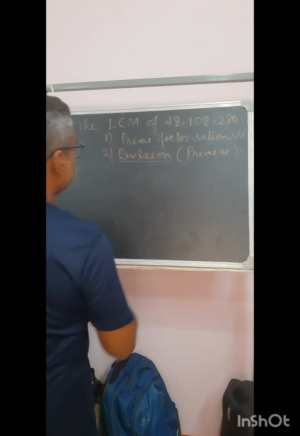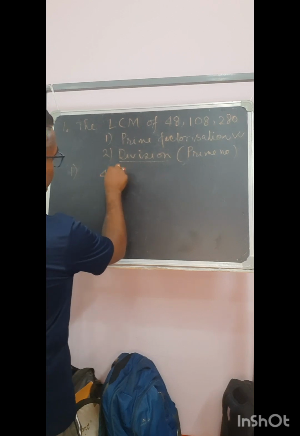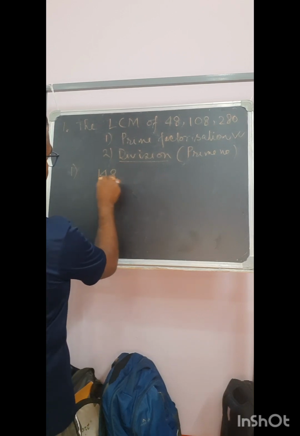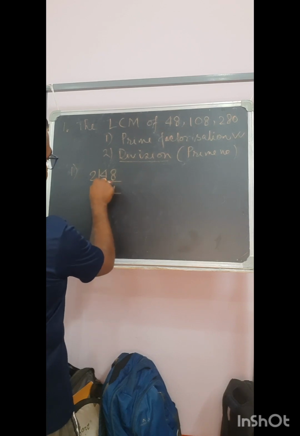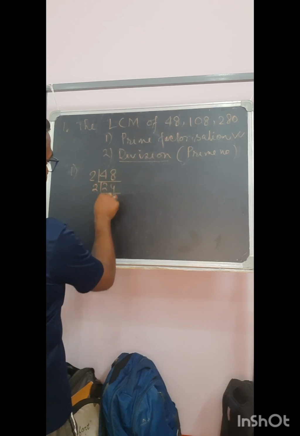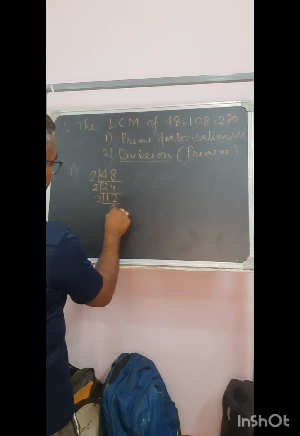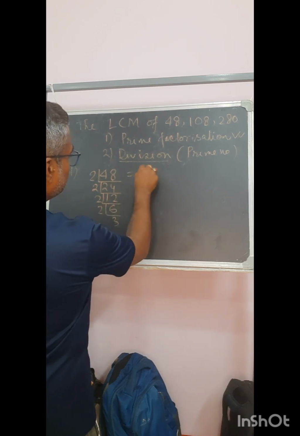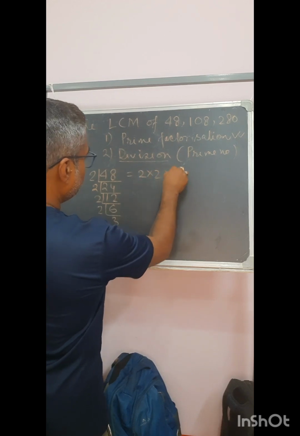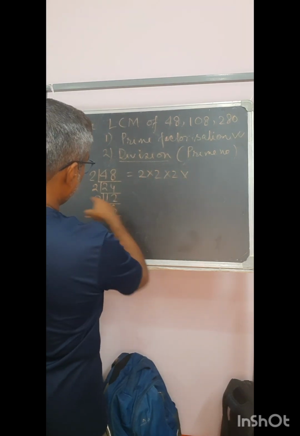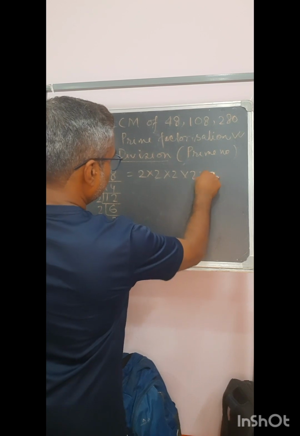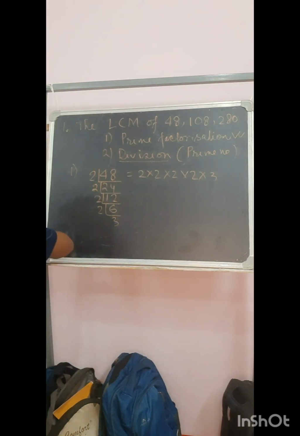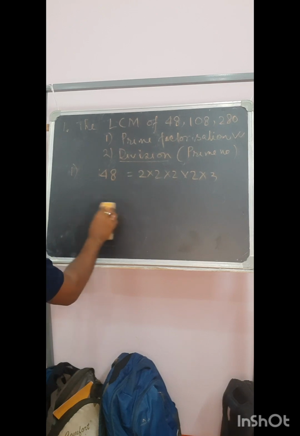If I take the factorization of 48 individually, it will come like this: 2 into 2 into 2 into 2 into 3, that is 48. So 48 can be written like that.